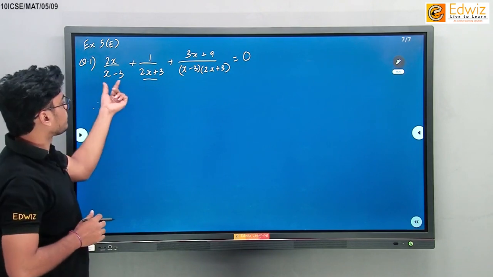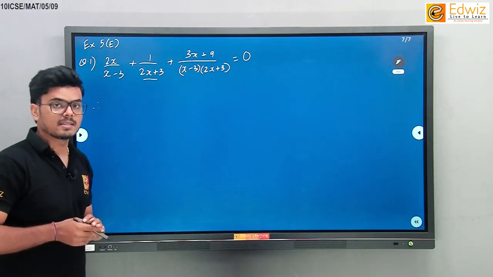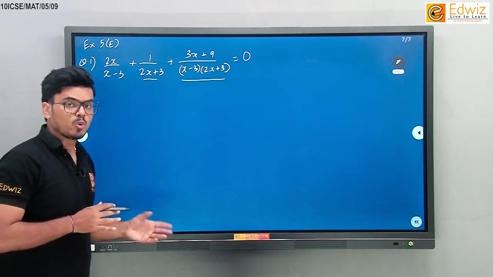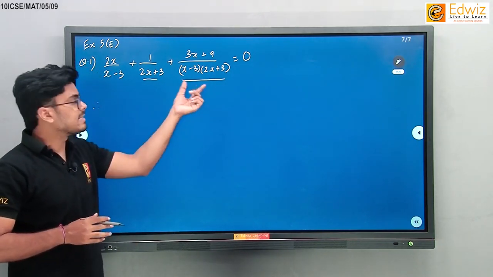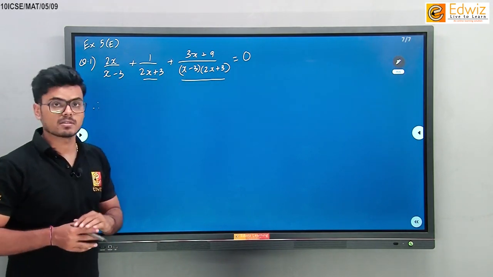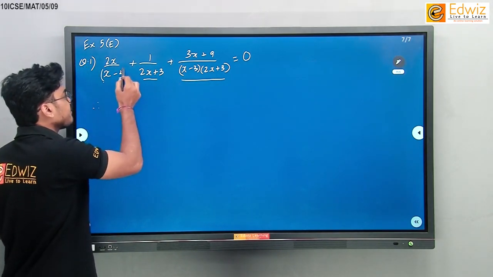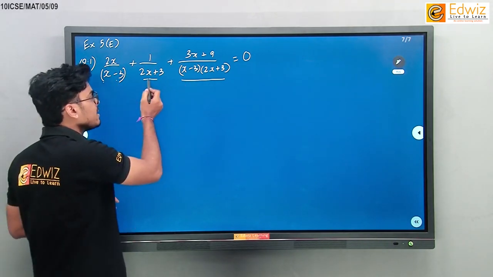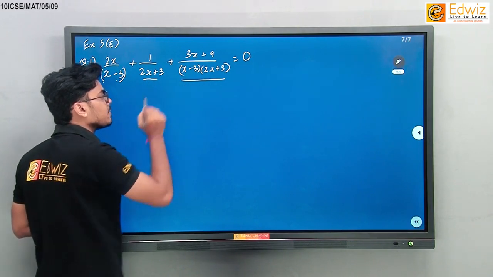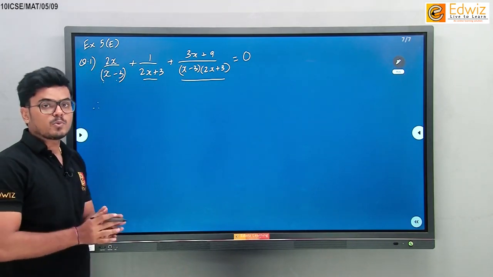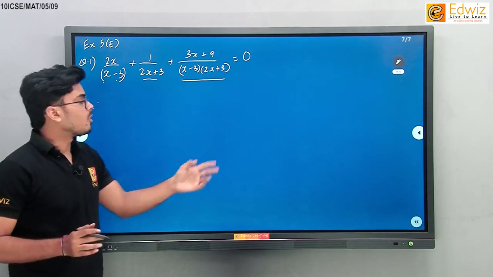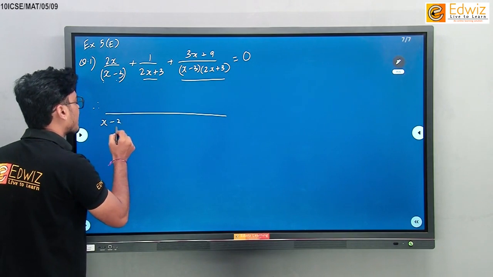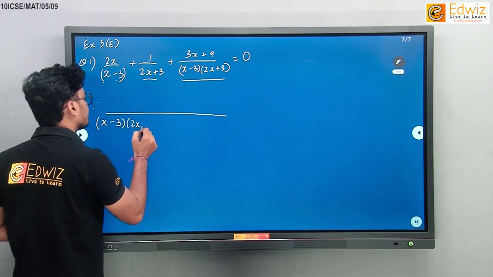Here you can see that if I consider all three denominators, x minus 3 multiplied by 2x plus 3 will act as the LCM of all three denominators. Why? Because here if I multiply by 2x plus 3, it will become equal to this, and here if I multiply by x minus 3, it will become equal to this. So to make all three denominators the same, all I have to do is multiply by 2x plus 3 here, giving x minus 3 into 2x plus 3.